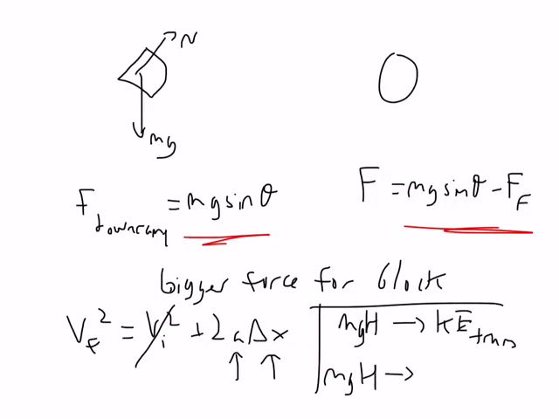The wheel converts it to three things: rotational, translational, and thermal energy. That's kind of hidden on the side. And so since this is a much cleaner conversion, this one will end up with the larger translational kinetic energy, right? And therefore the larger velocity. So the block is true in either way.